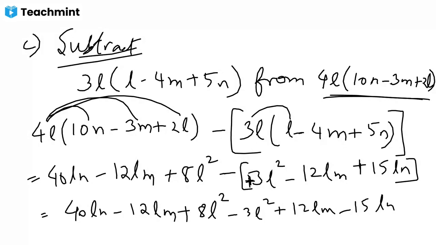Okay, then there are some same terms, similar terms are there. 40 ln and minus 15 ln. So, ln, bring them together. Sir, do we add them now? Just first bring it together, then next step we'll add.